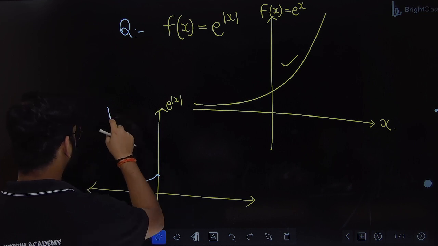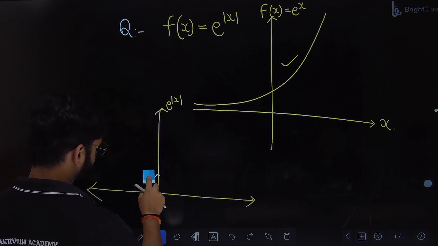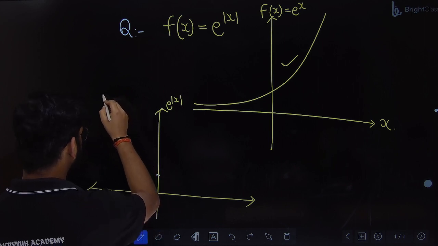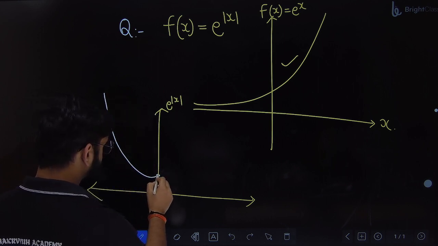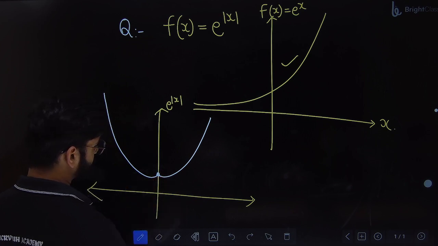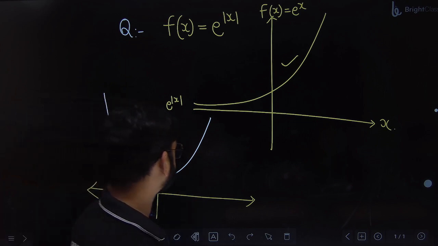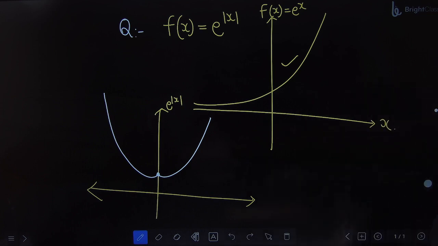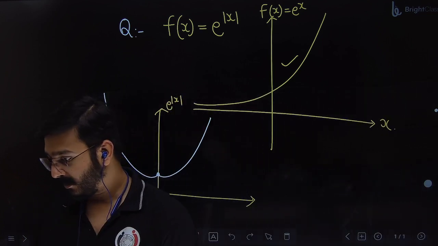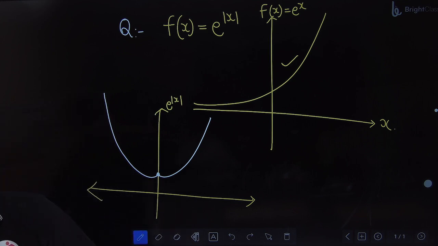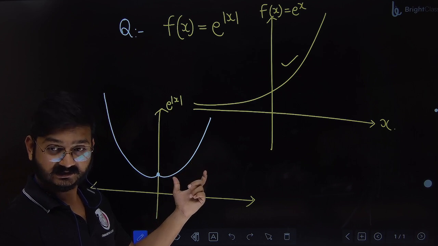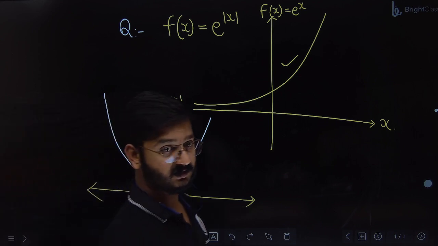It should be a sharp edge because the shape is changing. When you draw it, make sure that there is a sharp edge. Whatever shape is on the right side, the same shape will be on the left side.